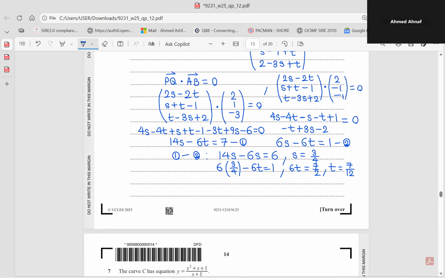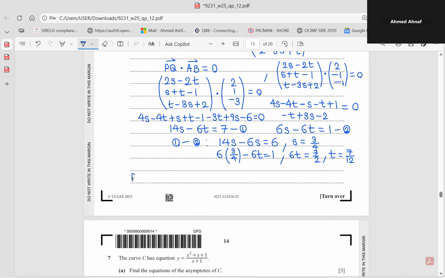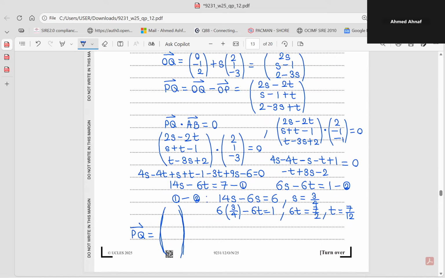All right. Yeah, so you can just substitute it straight into the equation for PQ. I'm not going to explain much further, I'm just going to substitute straight away. So 2S plus 2T is 1 over 3.